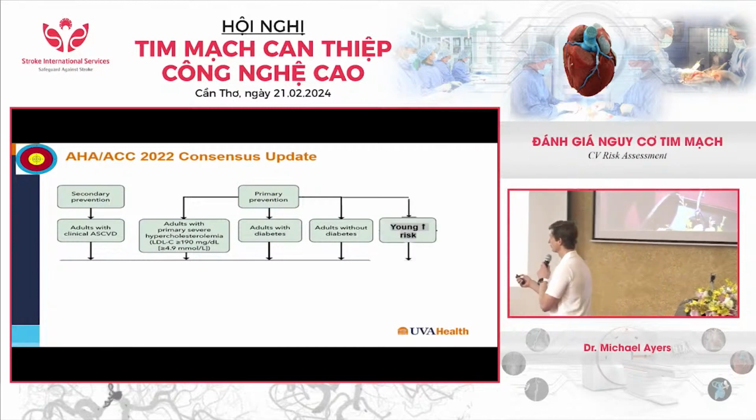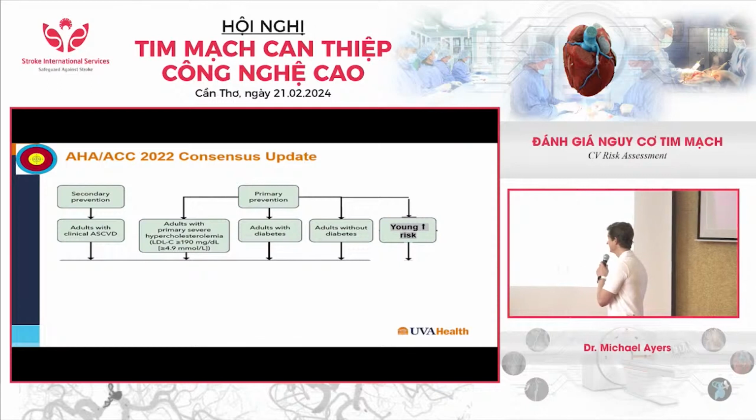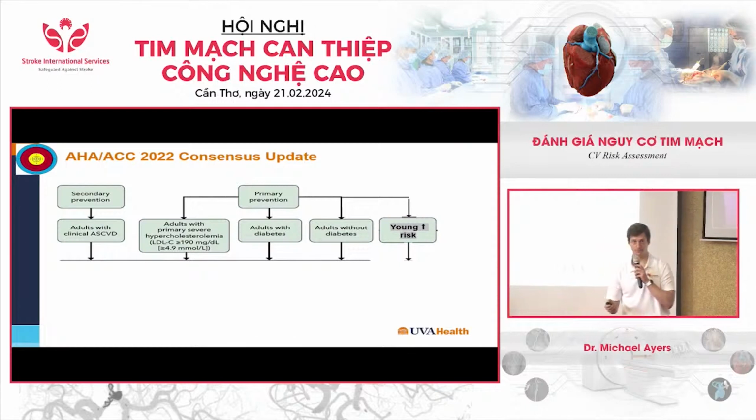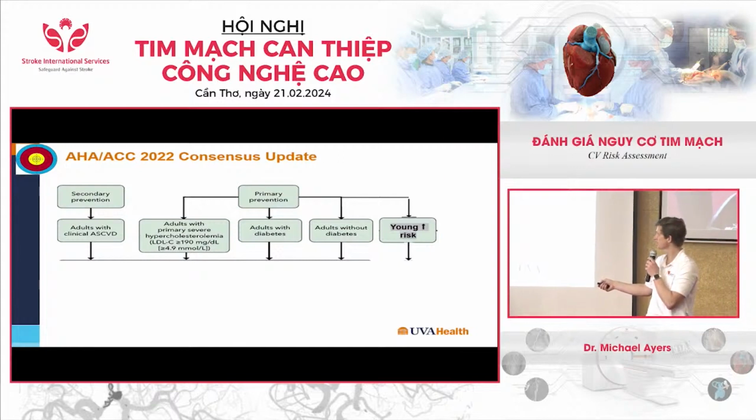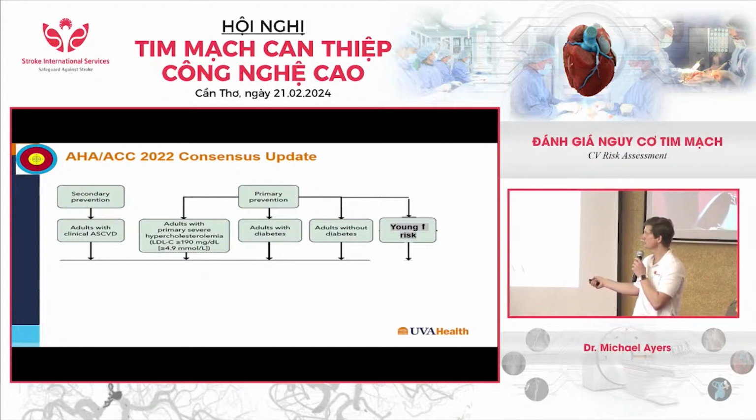There's 5 basic groups that are going to be indicated for a statin. There are people who have had events, strokes or heart attacks. There are patients who meet criteria for familial hypercholesterolemia. There are adults with diabetes. And then these 2 groups are tricky.